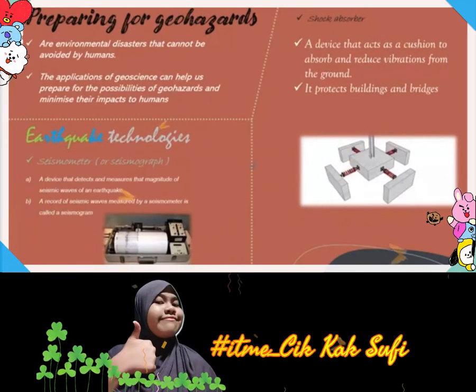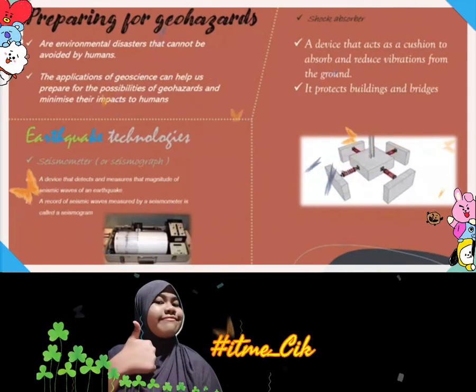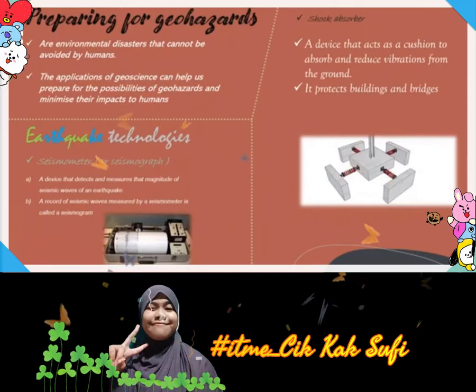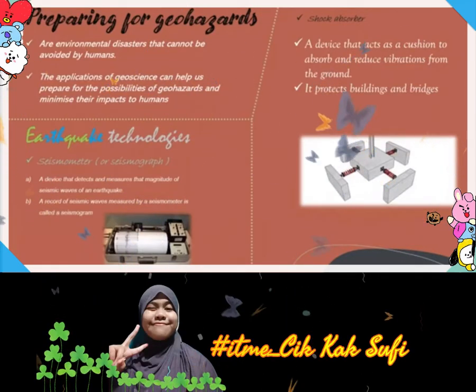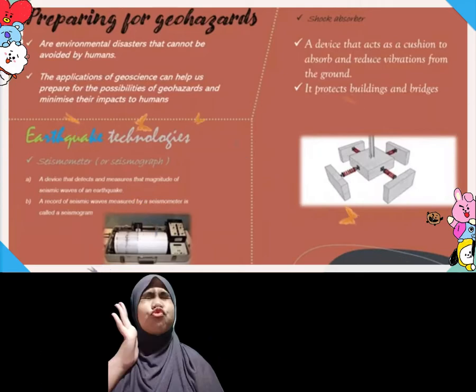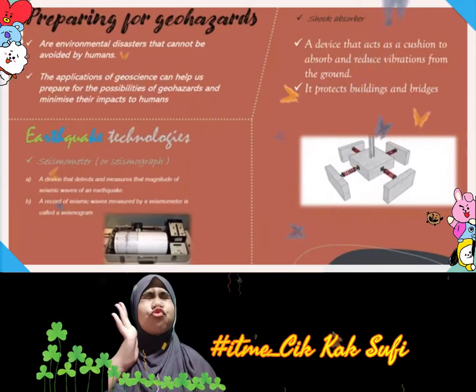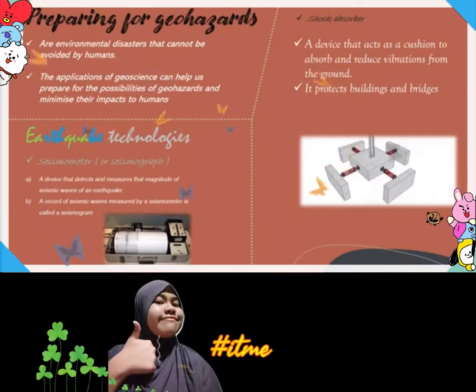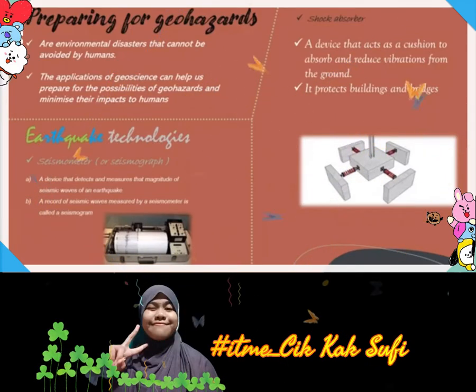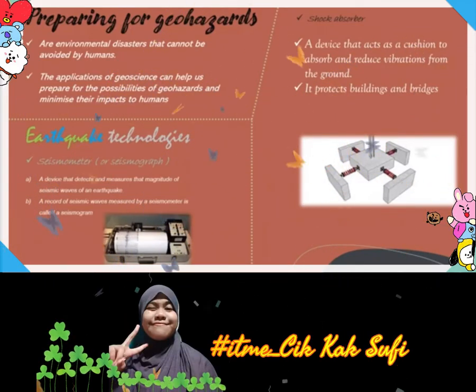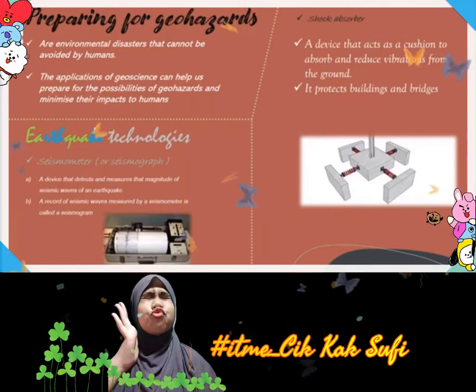As you can see in the picture below, this is what a shock absorber looks like. It's a device that acts as a cushion to absorb and reduce vibration from the ground. It's mainly used to protect buildings and bridges from cracking and damage under strong vibrations.